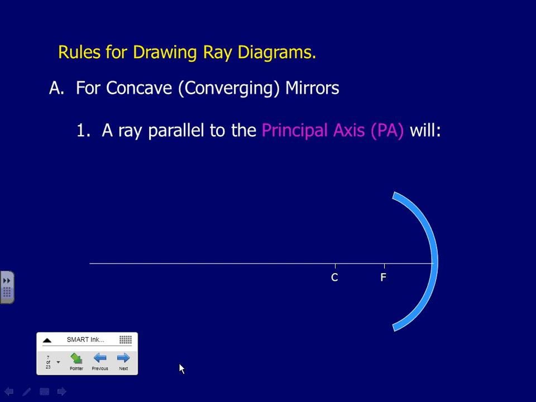The other point is where the F touches the principal axis. So you'll notice I put a little mark up here, but I'm dealing with this right here. And I'm going to run that along there, and I'm going to put an arrow out, and that's rule number 1. A ray parallel to PA will reflect through, where? Through F, right? So you're finishing that statement. You might have already finished it already. Excellent. All right?